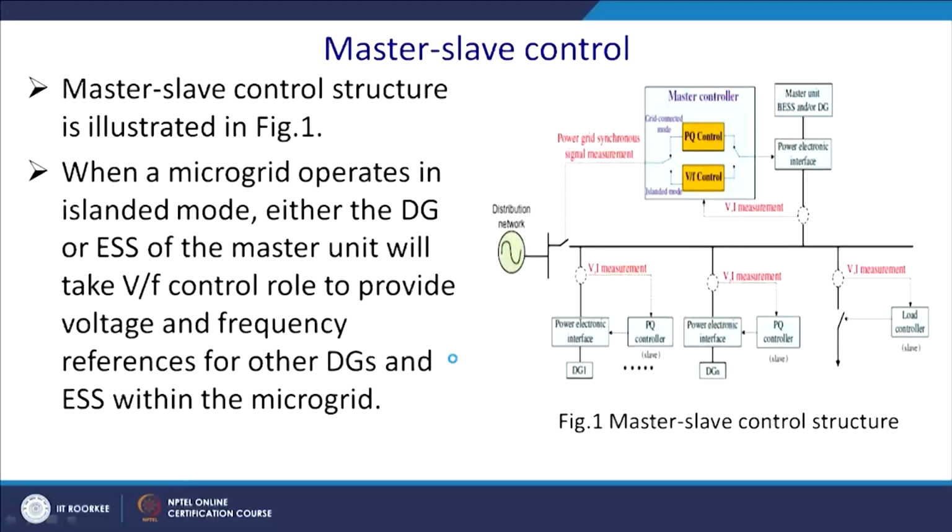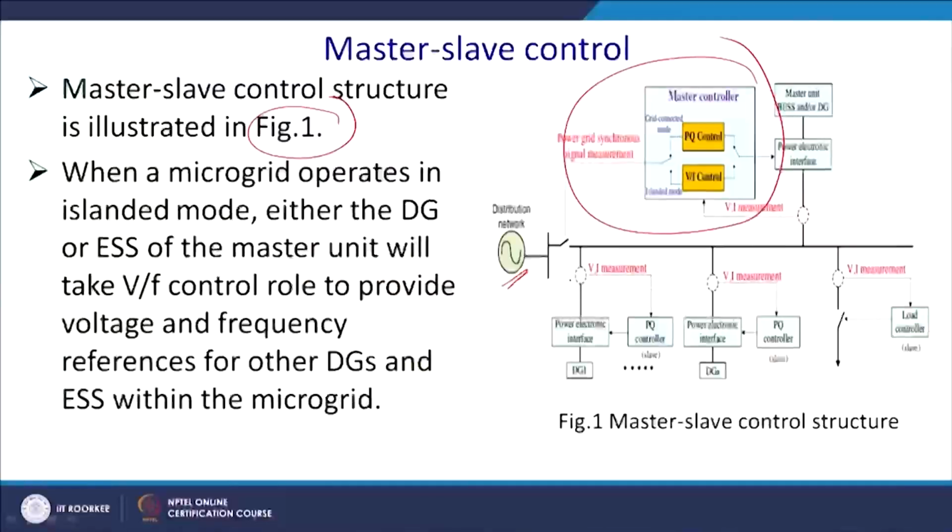Now, let us first understand the master slave control, illustrated in figure 1. You have a main grid, that is a distributed network, and here you have a master controller. This master controller can essentially be of two kinds.